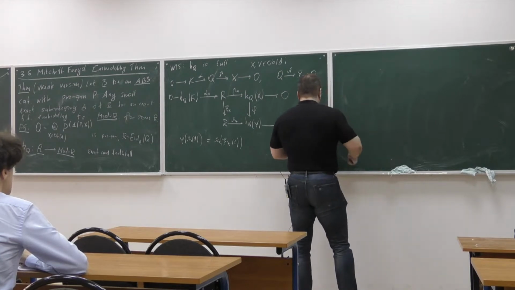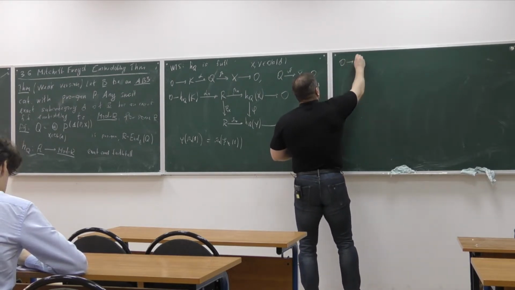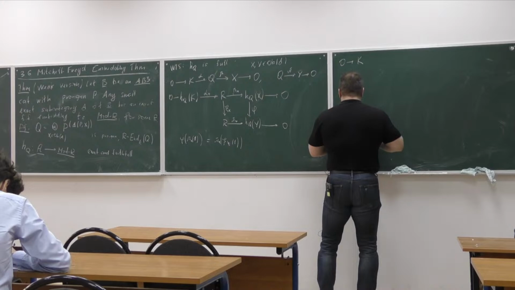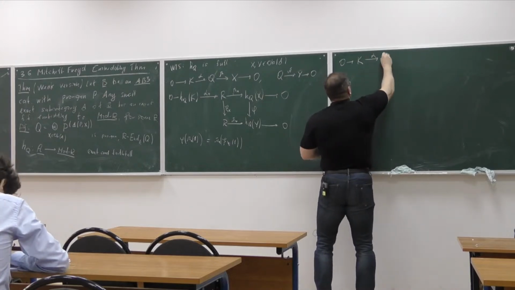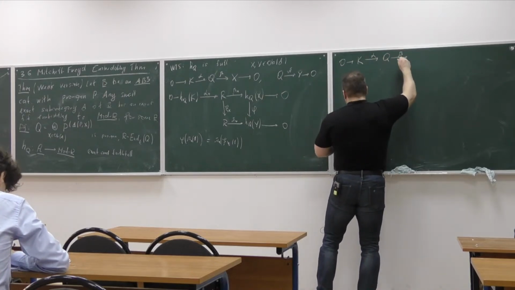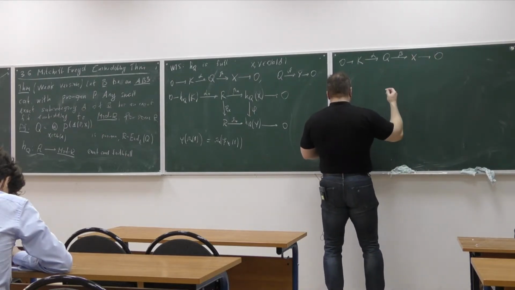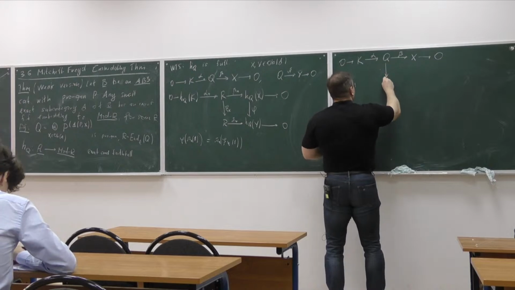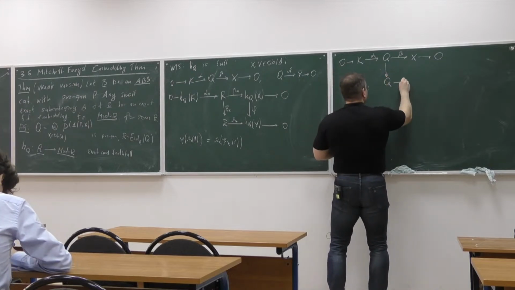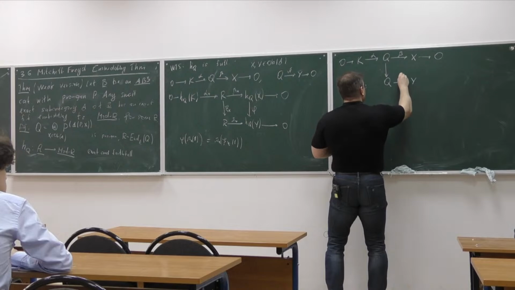Okay, so let's go back to the diagram in the category A. So here I have alpha, Q, beta, X. Phi.